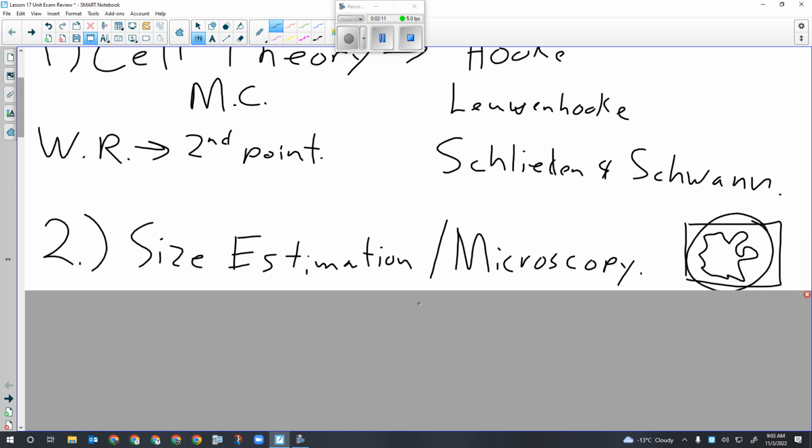Okay. Size estimation and microscopy. So there could definitely be some multiple choice questions about the use of the microscope and being able to properly estimate the size of what you are looking at.